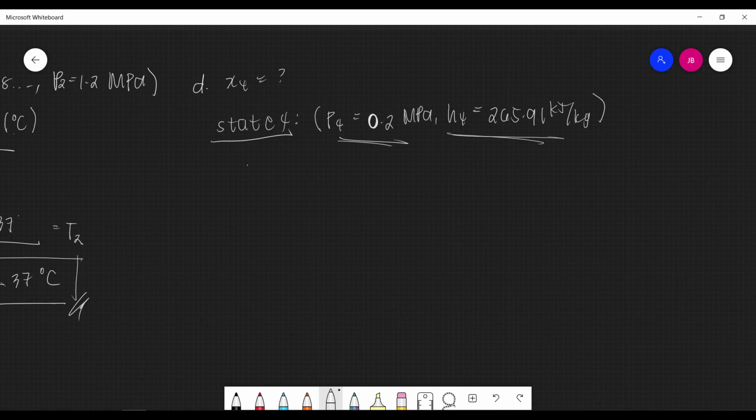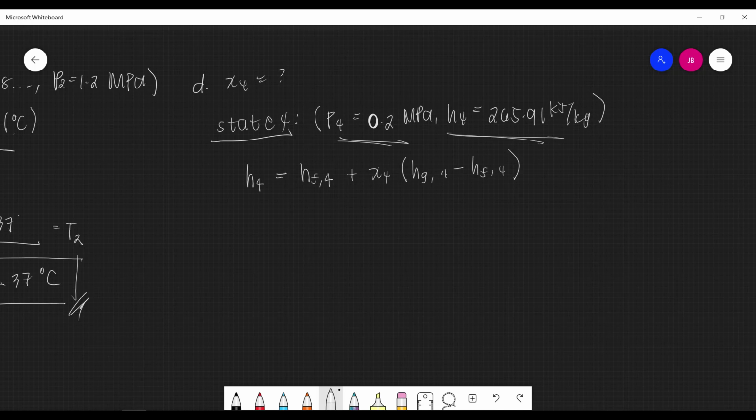We know that the enthalpy at a certain point, let's say at point number 4, is equal to the liquid enthalpy at that particular point plus the quality multiplied to the Hfg at that particular point. But take note that this can further be rewritten as the difference between Hg and Hf.